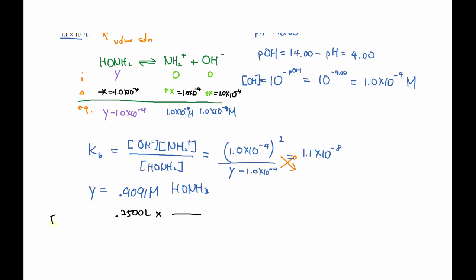So this step is finding the mass. That's the reactant, in case you're still wondering what that is. We're going to use this molarity, and all I'm going to do is split them apart. So 0.9091 mole per liter of this same reactant. And now I want to find the mass of the hydroxylamine.